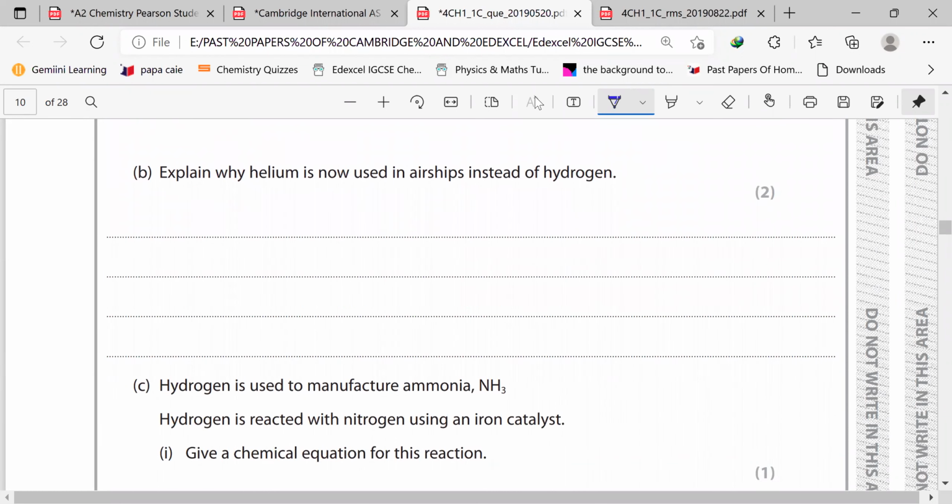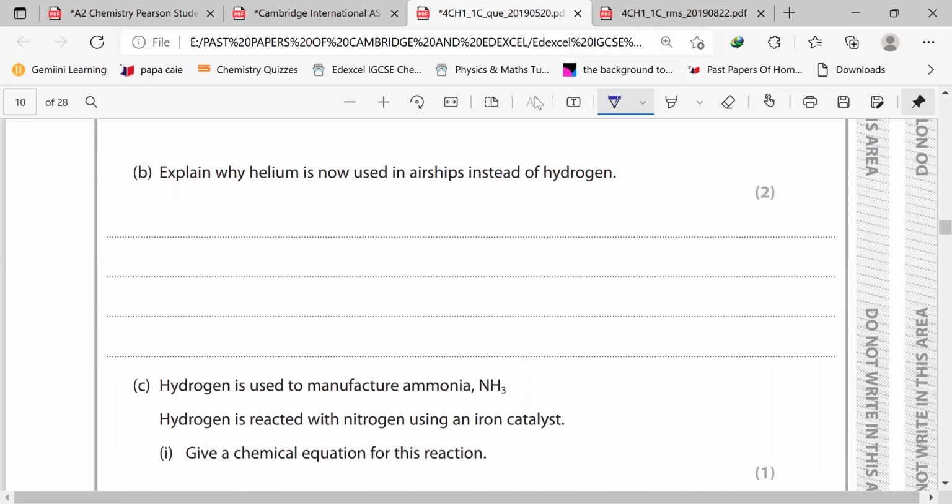Next, point B. Explain why helium is now used in airships instead of hydrogen. Because hydrogen is too reactive and would cause unwanted reactions within the airship. That is a very generalized answer, though your English is very good.